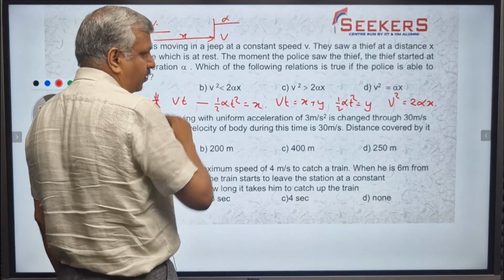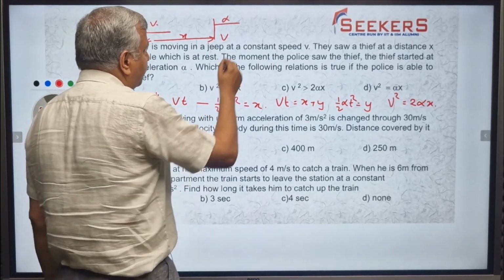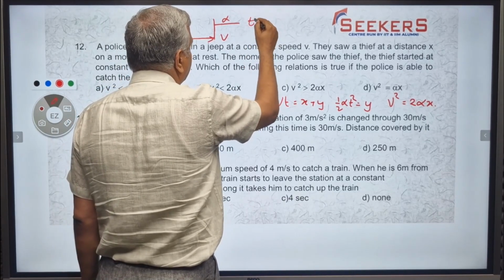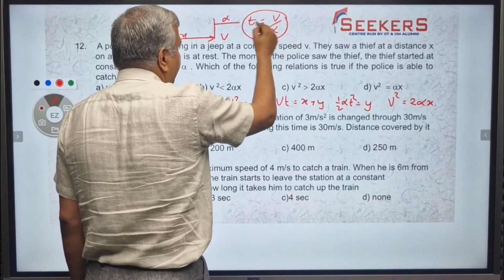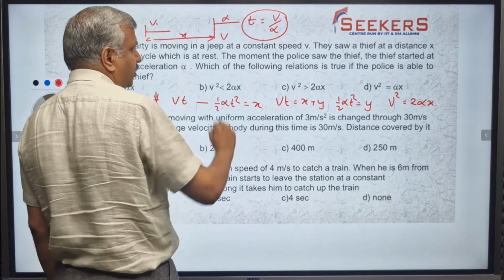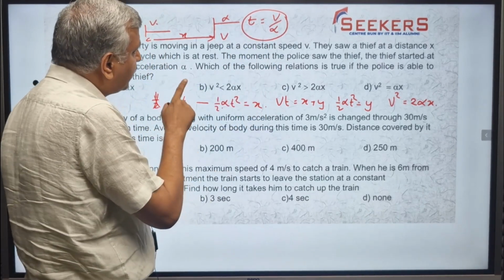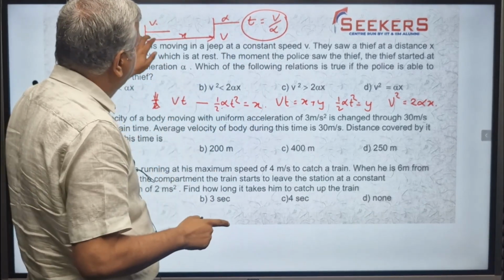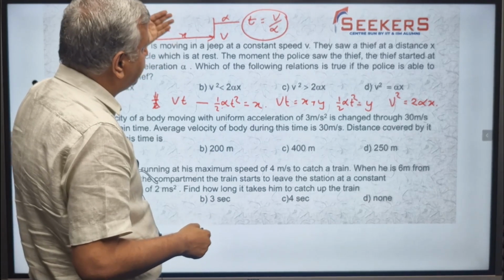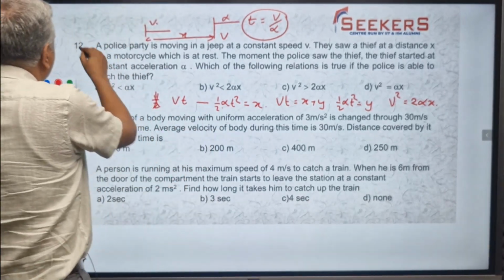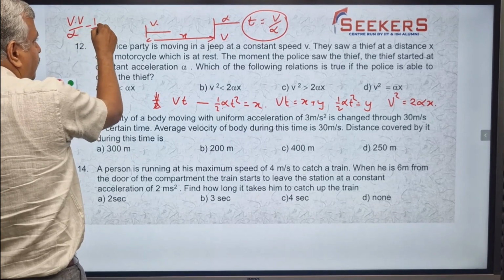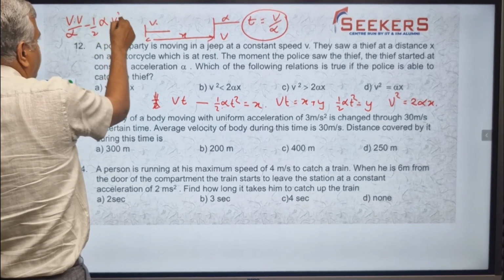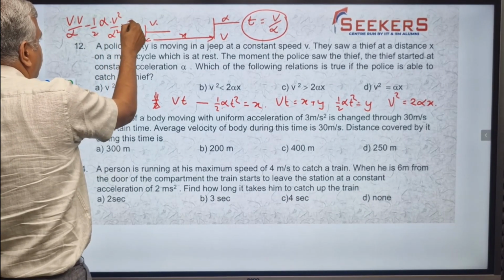So let's find out the time taken for his velocity to become v. So time will be equal to v by alpha. That means after v by alpha time, his velocity will become more than v. Now during that much time, this guy should have traveled x distance more. So v into v by alpha minus half alpha into v squared by alpha squared should be equal to x.